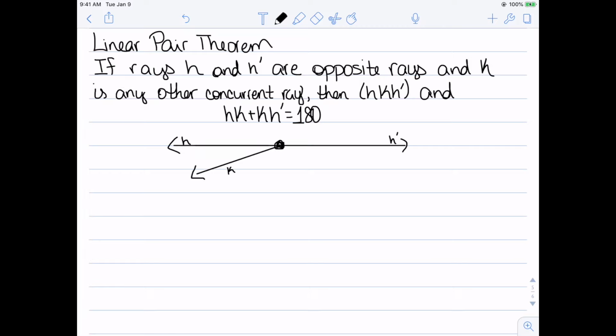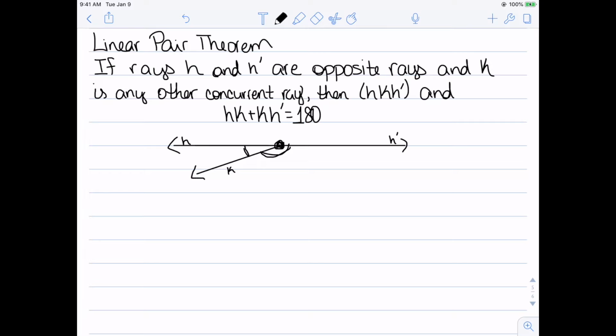So here I have a picture demonstrating this idea. I have my opposite rays H and H prime, and K is another concurrent ray. Then we have the betweenness relation H, K, H prime, and the angle HK plus the angle KH prime should be equal to 180.